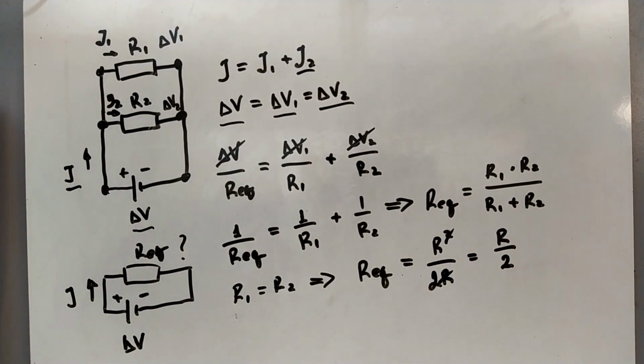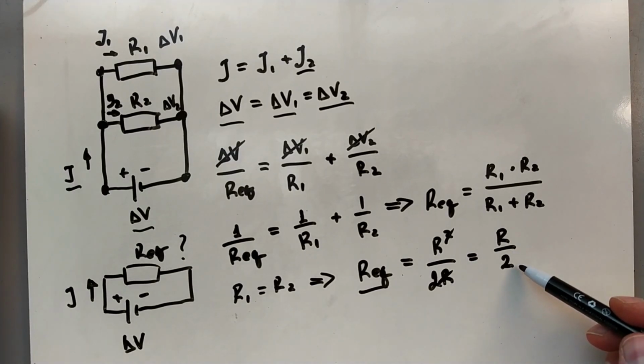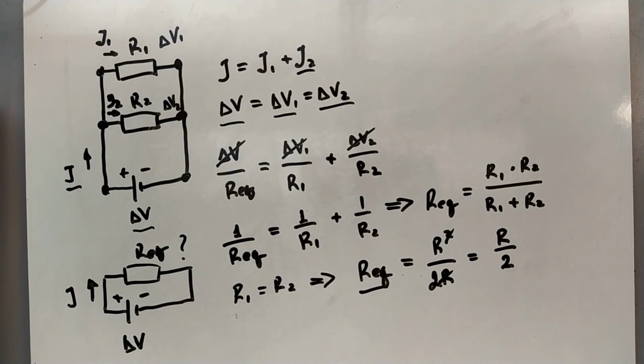So what it tells us, if we connect two resistors with the same magnitude in parallel, of course, the equivalent resistor will be twice smaller than the individual resistor which we use in this parallel connection.